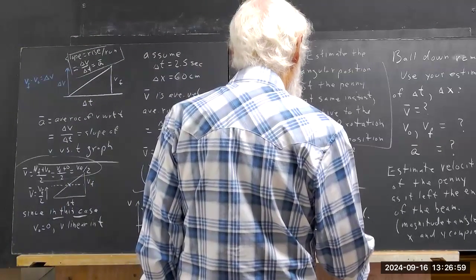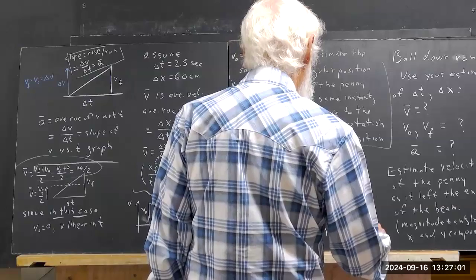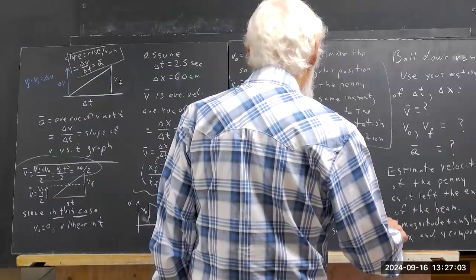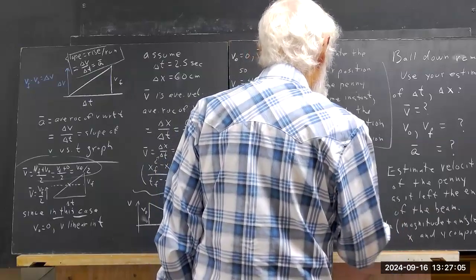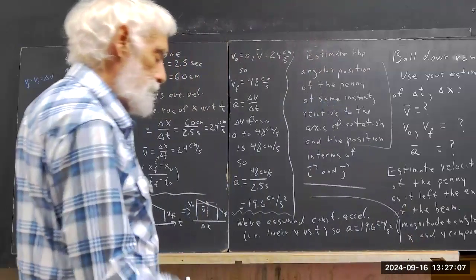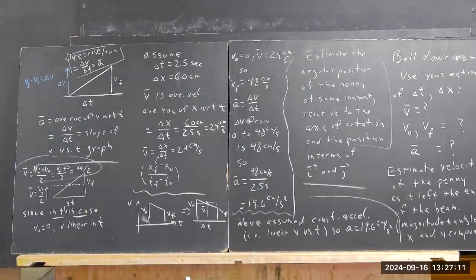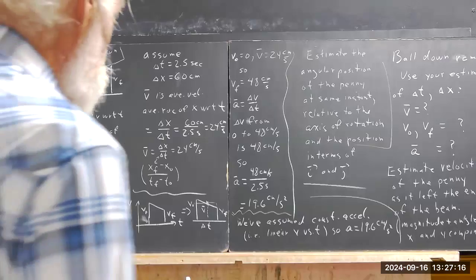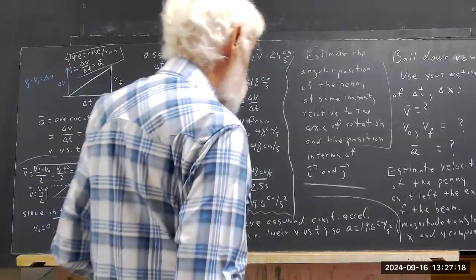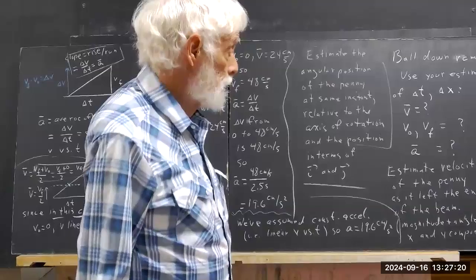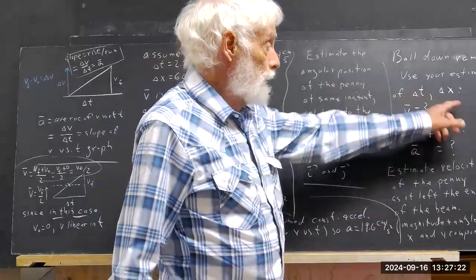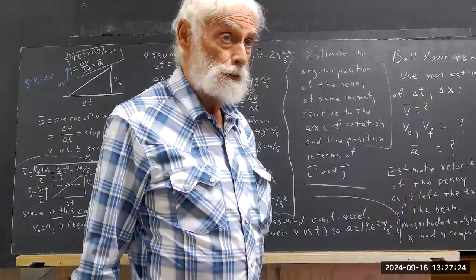So we can write A equals 19.6 centimeters per second squared. There are a lot of concepts involved in that analysis, but it really is very simple. If you're used to thinking about this, you say, I know how long and how far, so I can find the average velocity.